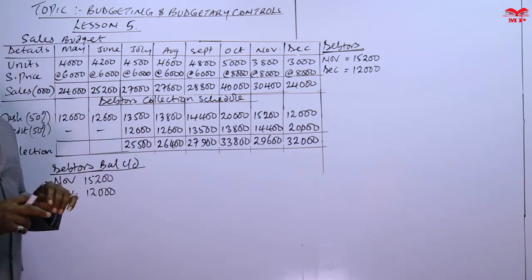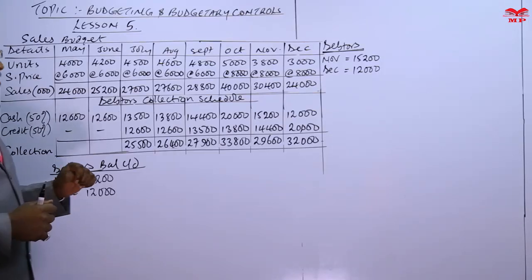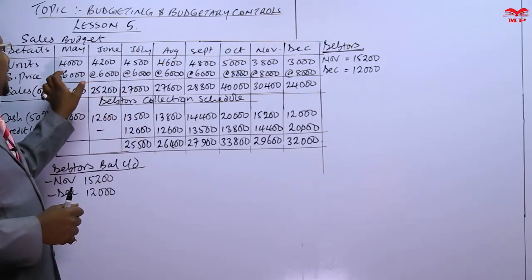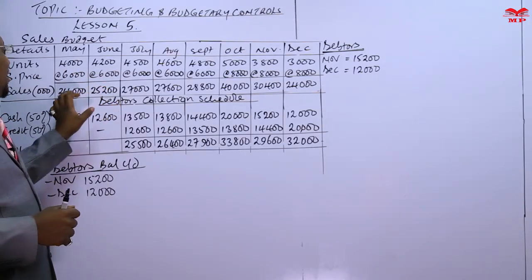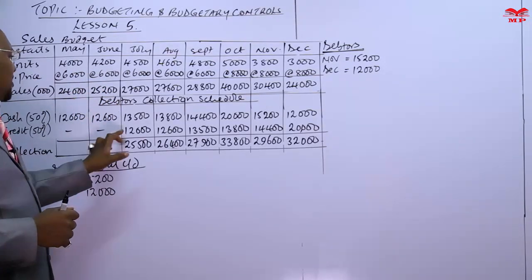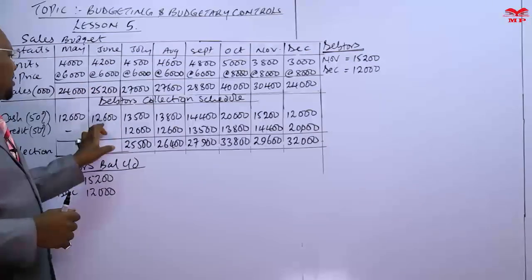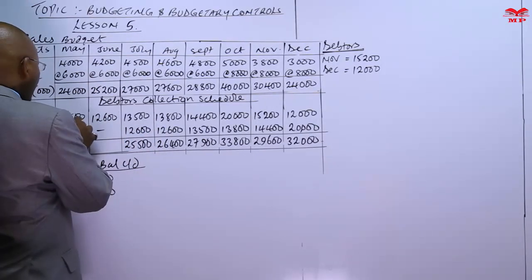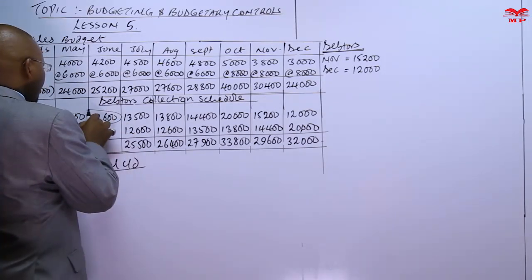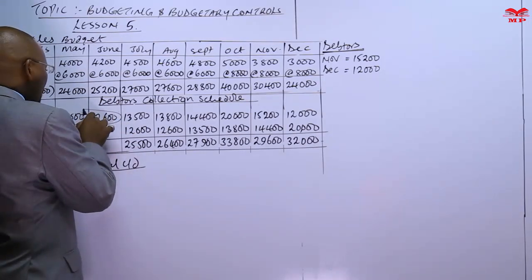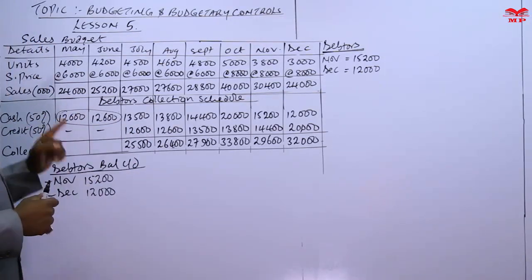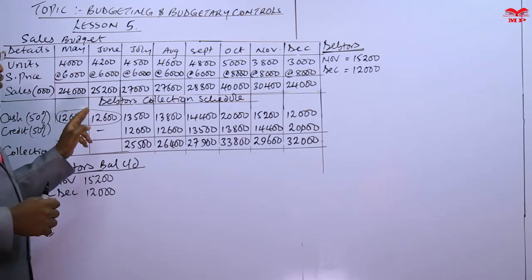But we do have debtors at the beginning of the period. The debtors we had at the beginning of July are debtors for the months of May and June, which have already been received. For May, it has been received, this 12,000. For June, it has been received, this 12,600. If you look at these two figures, not exactly these amounts but similar, they make our debtors, which is 24,600.